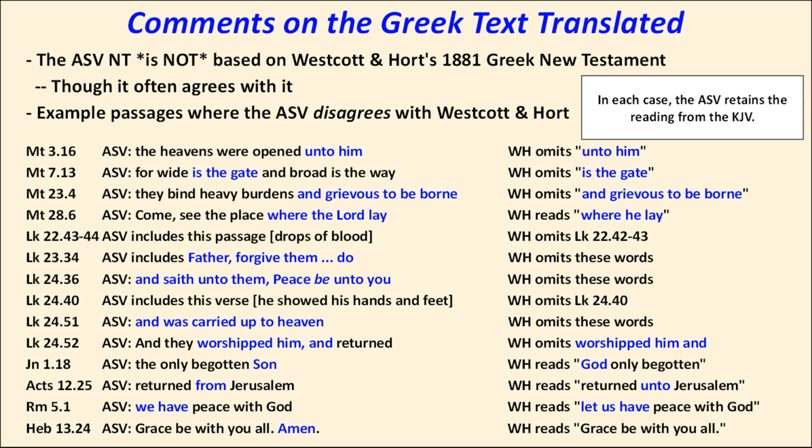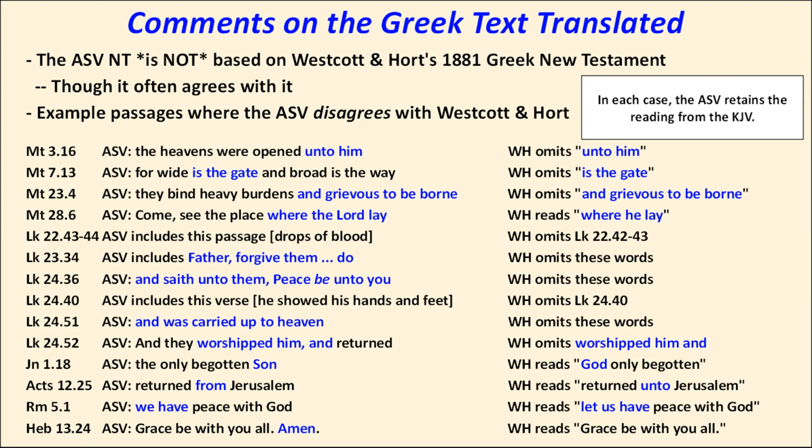In all of the cases I show, the American Standard Version retained the reading from the King James Version. Recall that the Revised Version's Translation Committee required a 2/3 majority to overturn a reading presumed to underlie the authorized version.